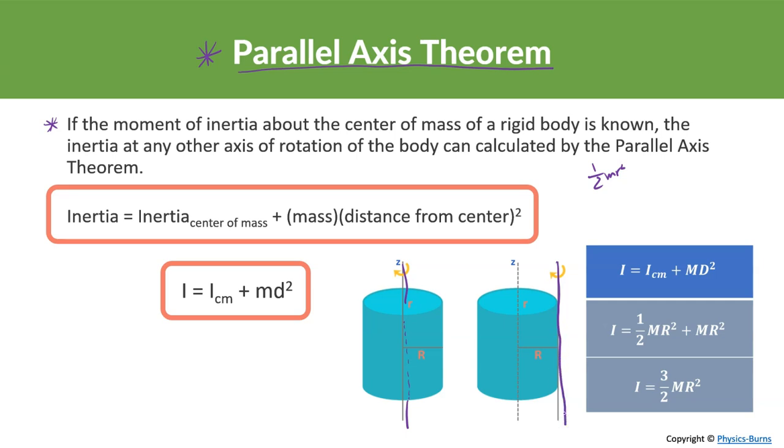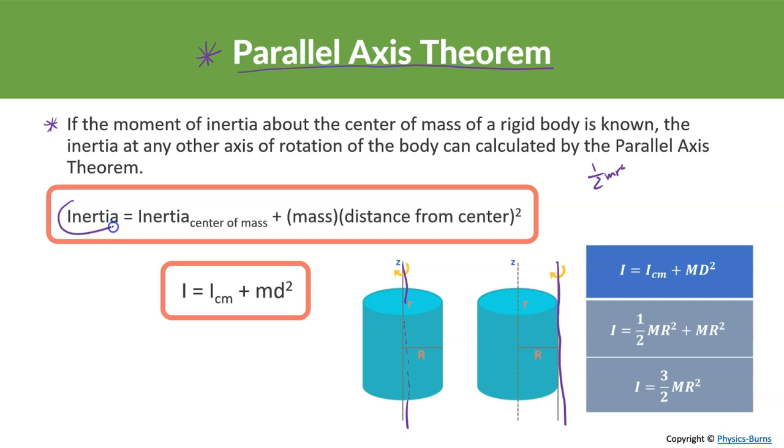As you can imagine, the inertia of the rotation is going to be different if it's all the way at the side. It's going to be harder to rotate. And there's a formula to help you figure out what that inertia is, called the parallel axis theorem.